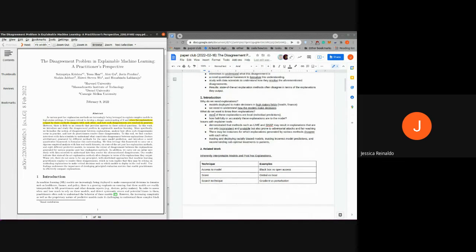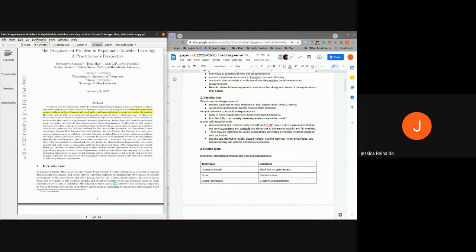So the explanations that these models give are mostly local, for individual predictions. There are also global explainers, but they're not so common. It's more usual that you have local explainers that aggregate the explanations to create a global explanation. We want to understand how faithfully or accurately these explanations reflect the model itself.